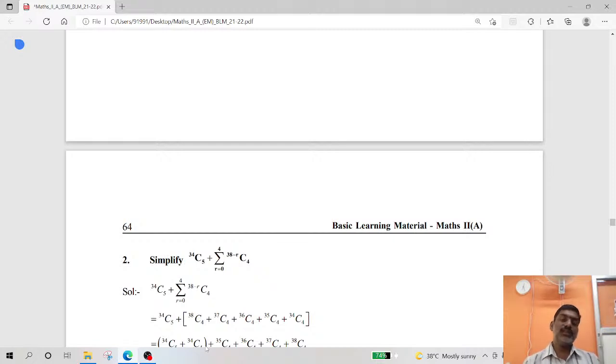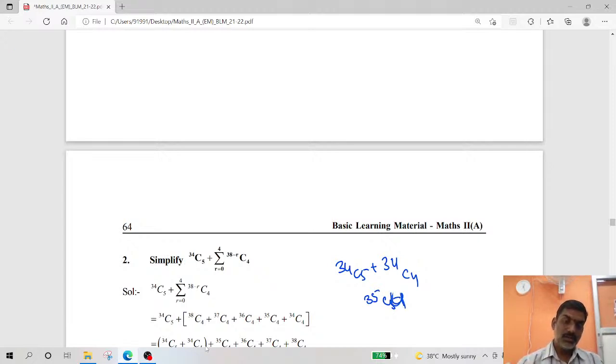Here we have 34C5 plus 34C4. It is nothing but, by the formula (n plus 1)Cr, 35C5.